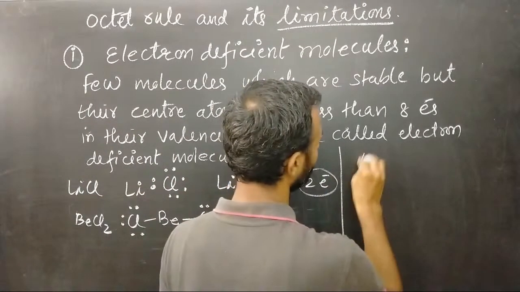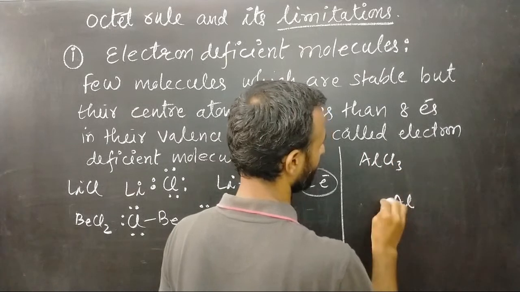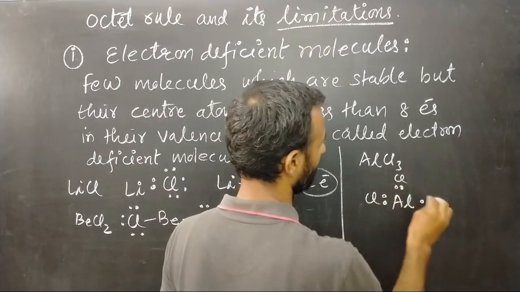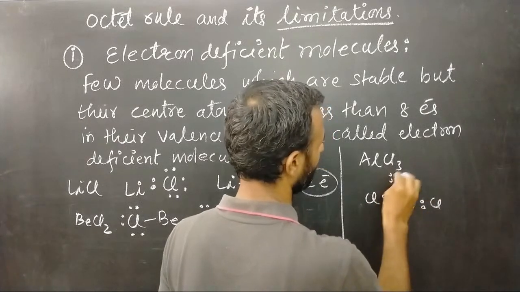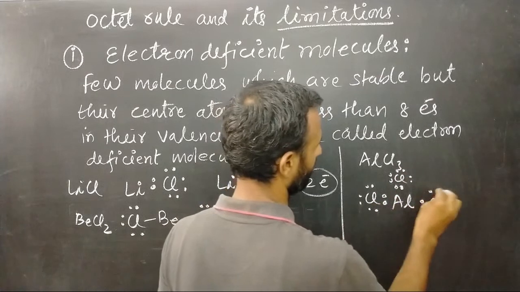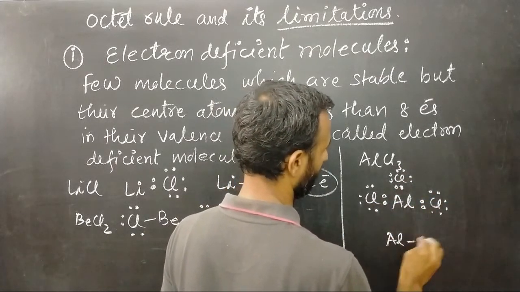Then AlCl3. In AlCl3, aluminium has 3 valence electrons. It shares electrons with chlorine.